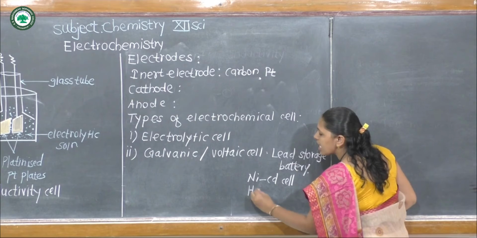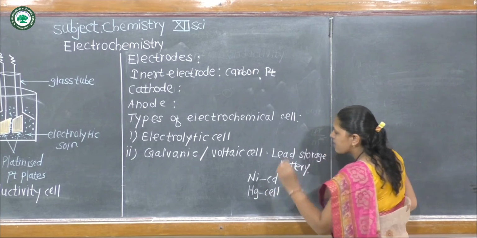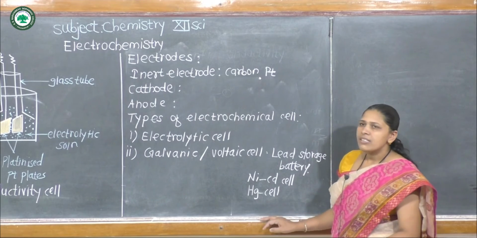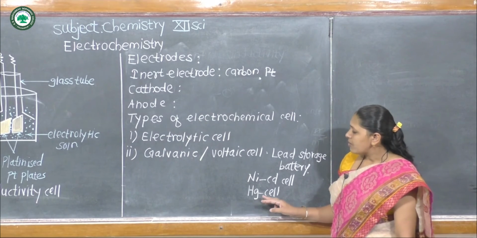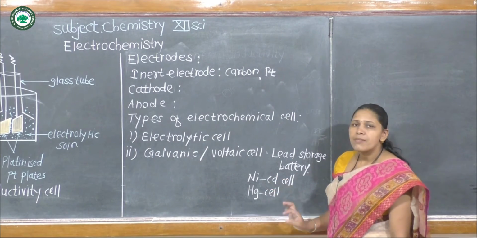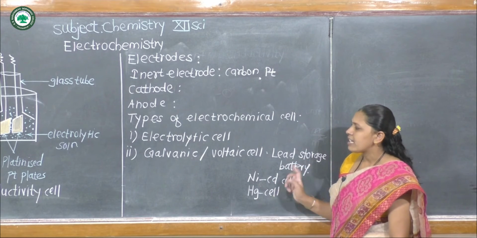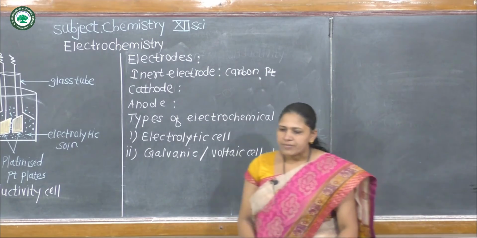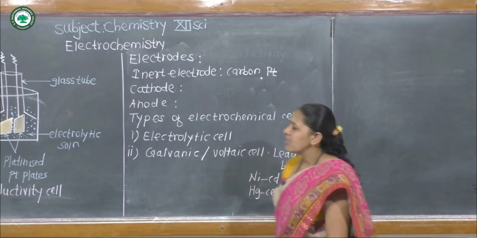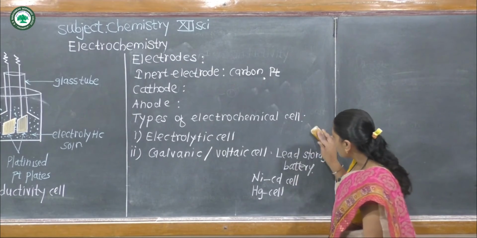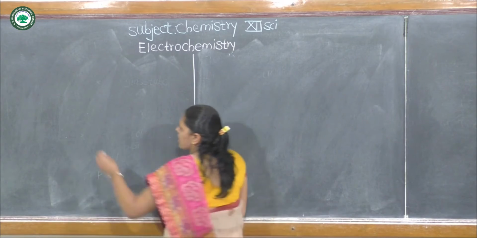Mercury cell is also an example of galvanic cell. In the next point we will discuss in detail nickel cadmium cell, mercury cell and lead storage battery. Next point is we will discuss in detail about electrolytic cell.